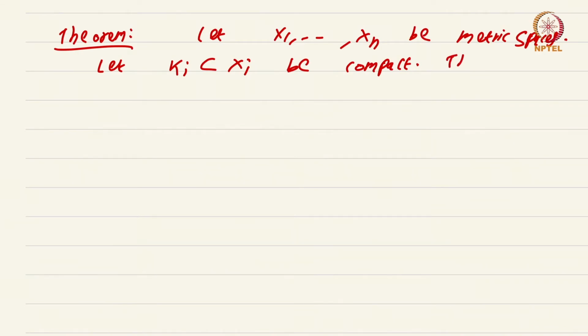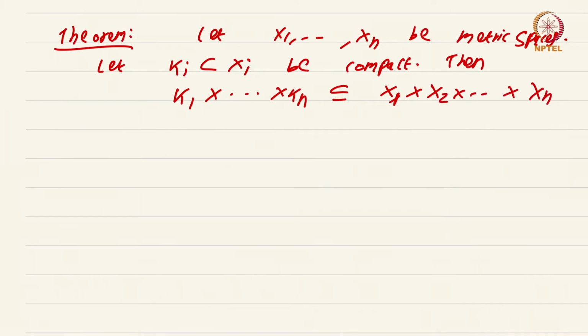Then K_1 × ... × K_n, the Cartesian product, which is a subset of X_1 × X_2 × ... × X_n, is compact, or rather sequentially compact. Again, sometimes I'll miss the adjective sequentially compact. It really doesn't matter, because ultimately when I define the notion of compactness, I will show that both notions are the same.